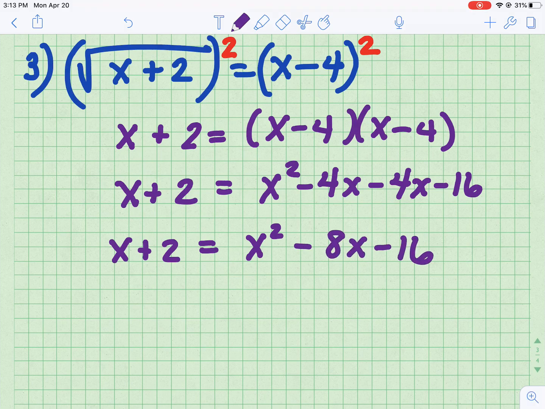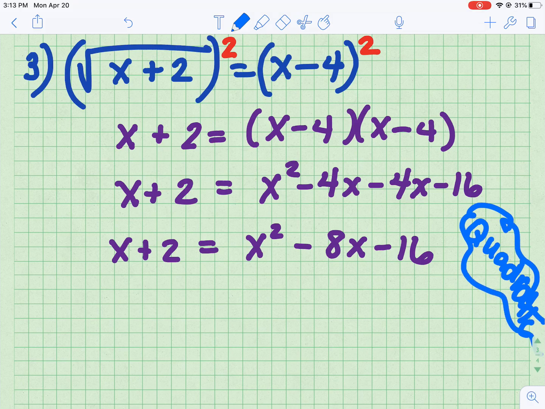At this point, I hope some alarms are going off in your head and you're thinking, oh crap, this is a quadratic. If it's a quadratic, we can't just move x's to one side. We can't just try to square root. We are going to either have to use the quadratic formula, complete the square, or factor. We're going to have to do one of those things, so just get over it.